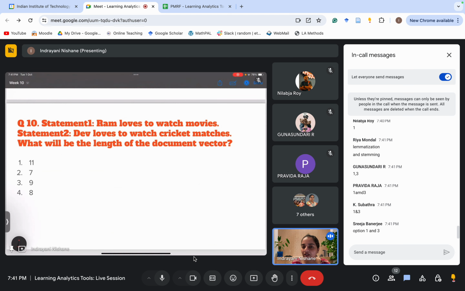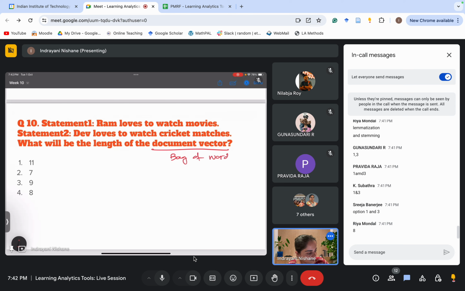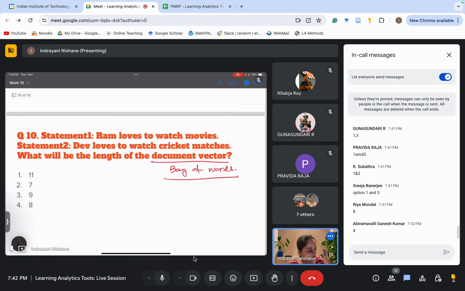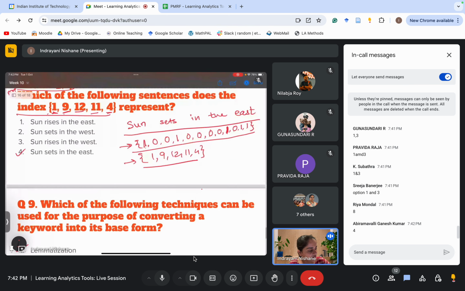Now question 10: statement 1 is Ram loves to watch movies, and statement 2 is Dev loves to watch cricket matches. Now what will be the length of the document vector? What is a document vector? Based on bag of words, we wrote this, no?